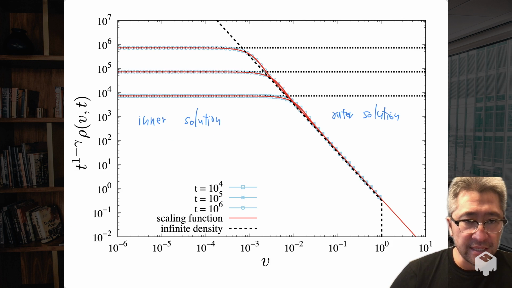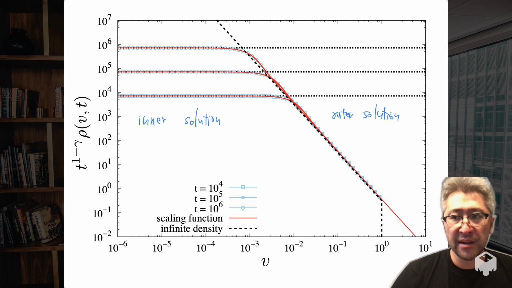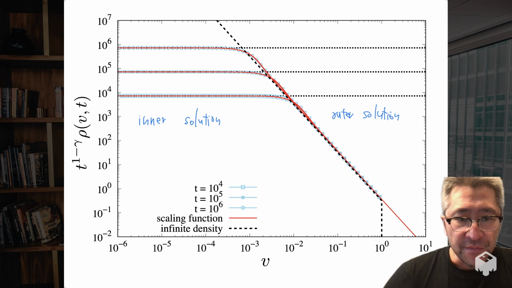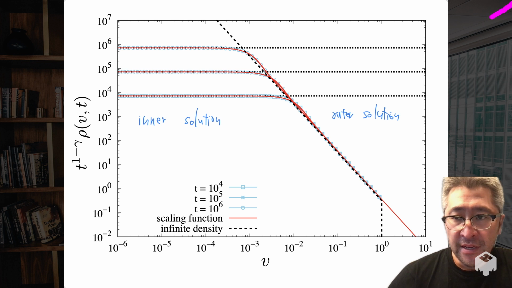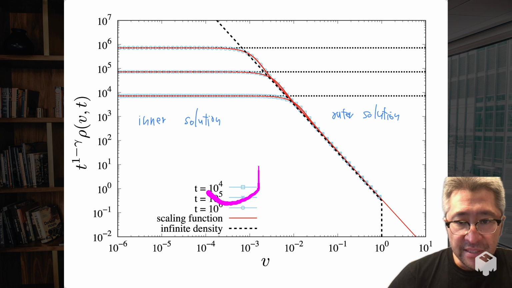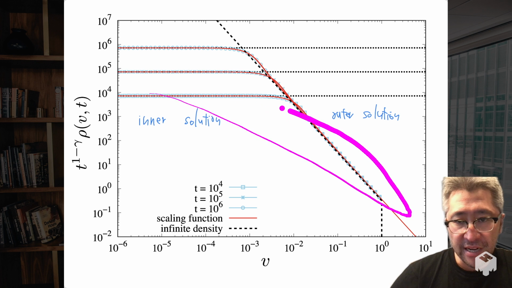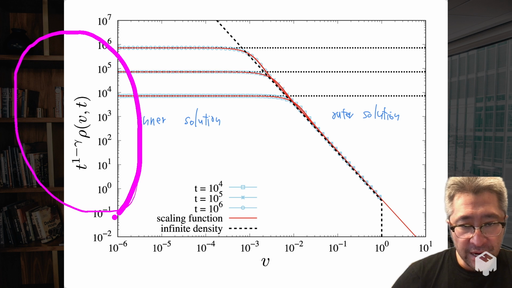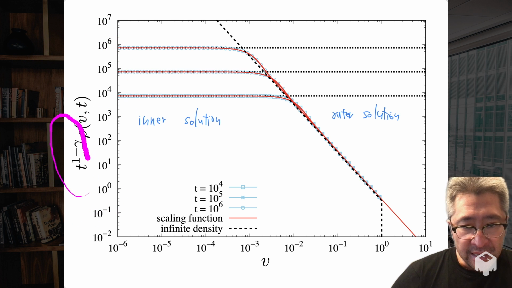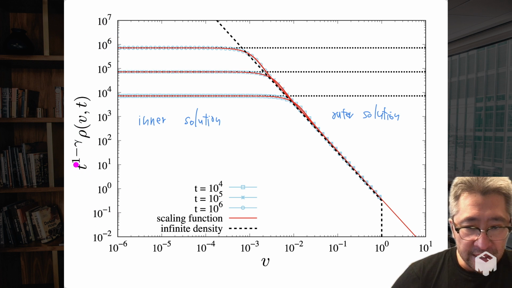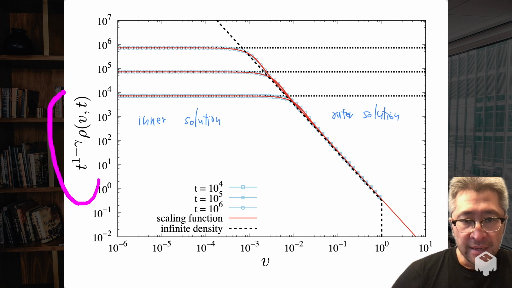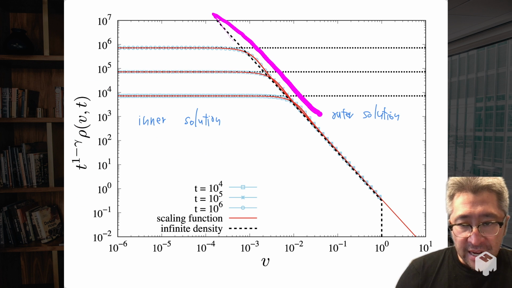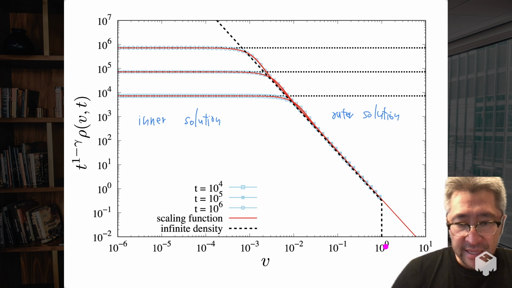So here is a numerical simulation of the propagator. So the time is 10 to the 4, 5, 6. So the propagator goes like this. So here is not the propagator itself; we multiplied by t to the power minus 1 minus gamma. So this dotted line is the infinite density.